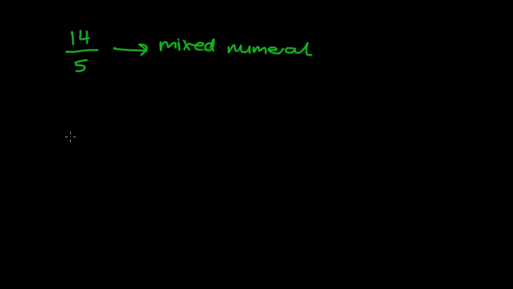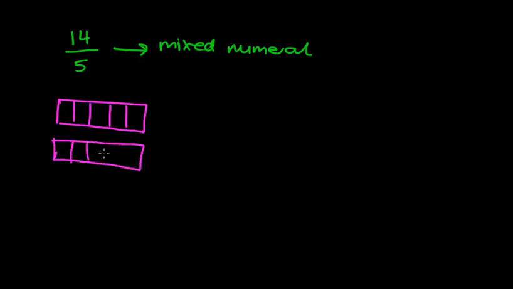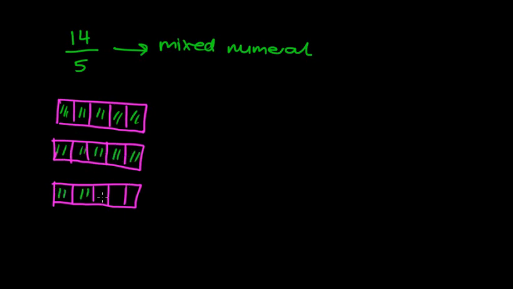Now, the long way used to be this, where we'd get a shape and cut it into fifths, get another shape, also cut it into fifths, get another shape, cut it into fifths, and so on. Then we'd count: 1 fifth, 2 fifths, 3 fifths, 4 fifths, 5 fifths, 6 fifths, 7 fifths, 8 fifths, 9 fifths, 10 fifths, 11 fifths, 12 fifths, 13 fifths, and 14 fifths.